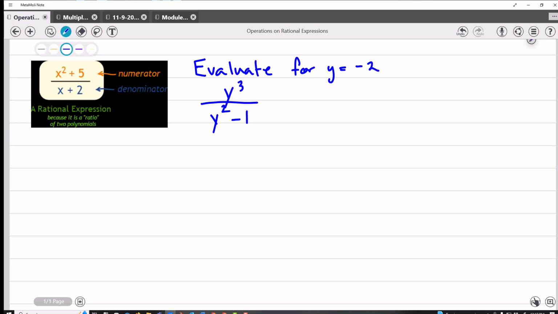All that means is where you see y, you're just simply going to plug in -2. Anytime that I evaluate, because I always worry about exponents, I put it in parentheses, so that's -2 times -2 times -2. And -2 times -2 is +4, and I get my answer. So that's one thing that you'll start with.